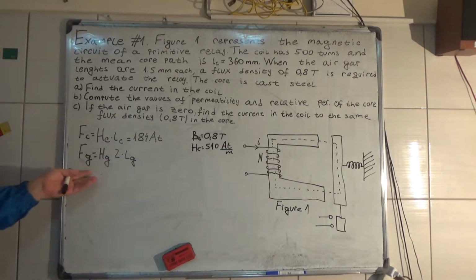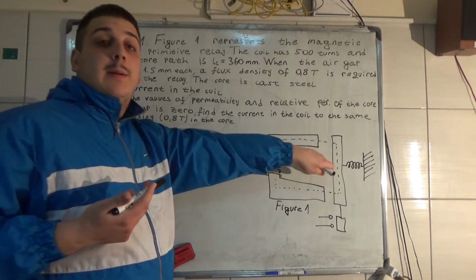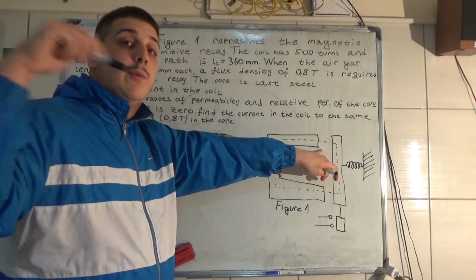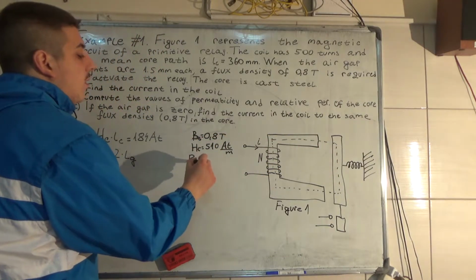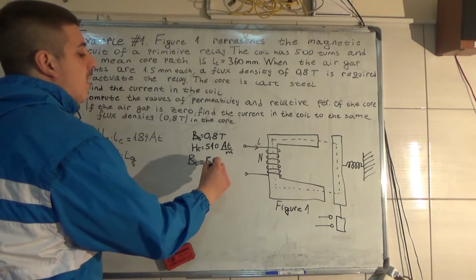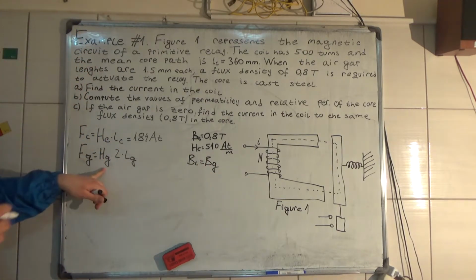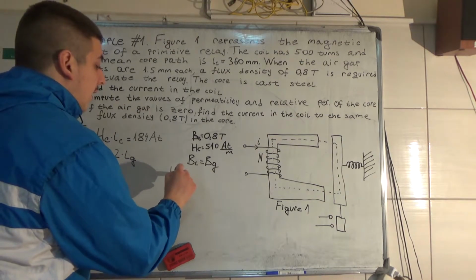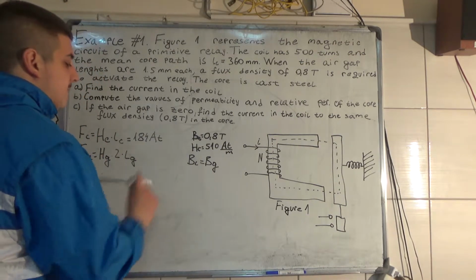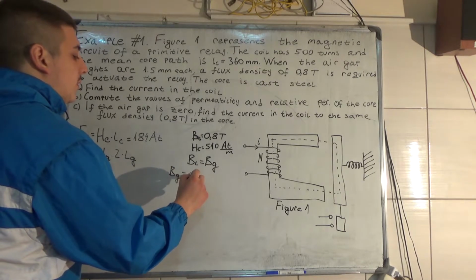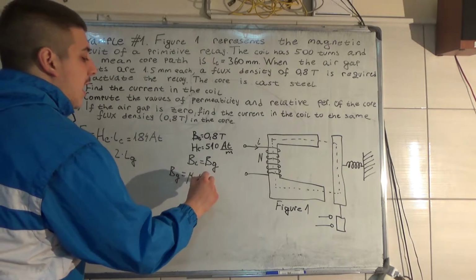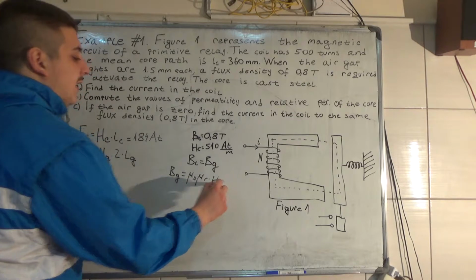And what is the problem here? Well, we don't know the magnetic field intensity in the air gap. But if you watched my previous video, you would know that Bc, the B of the core, is equal to the B of the air gap. And the formula for magnetic flux density is equal to mu 0 mu r times the magnetic field intensity.